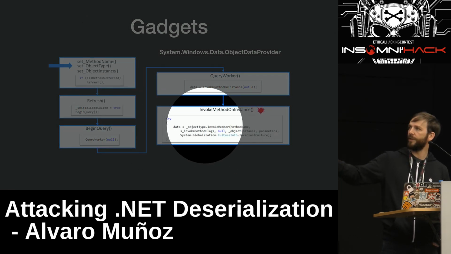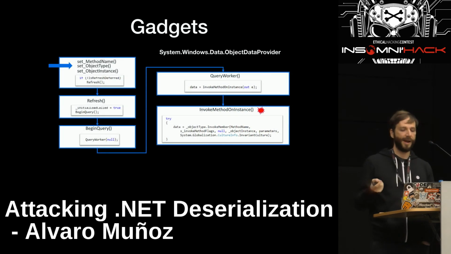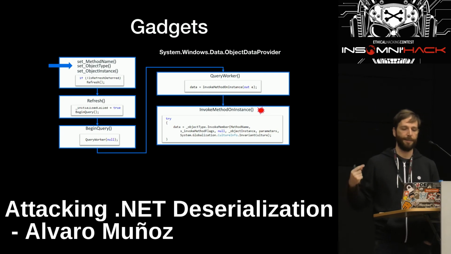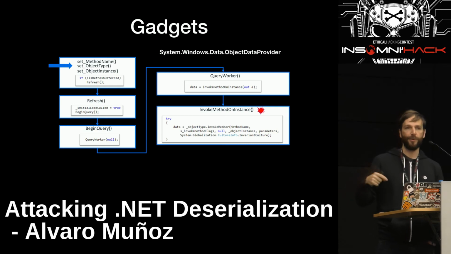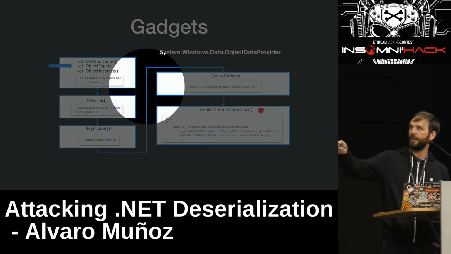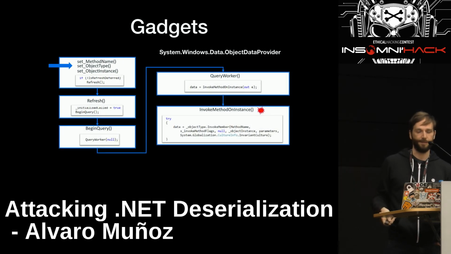This one down here. So basically there we are using reflection to invoke an arbitrary method on an arbitrary object instance, passing some arbitrary method parameters. And those arbitrary values all come from the different setters, right? Like the values that you pass to the setter.